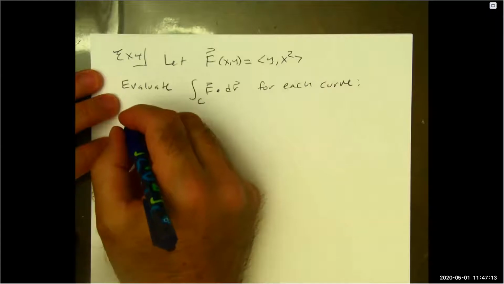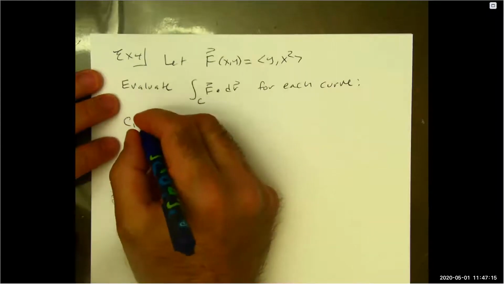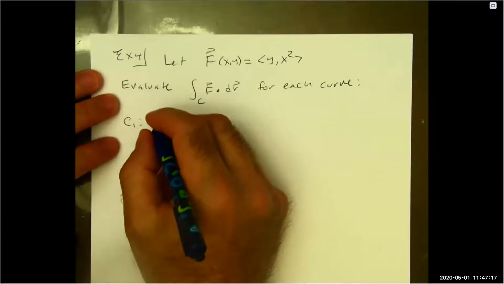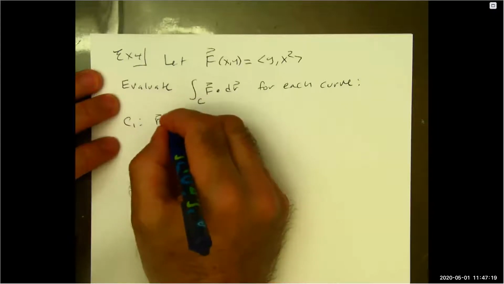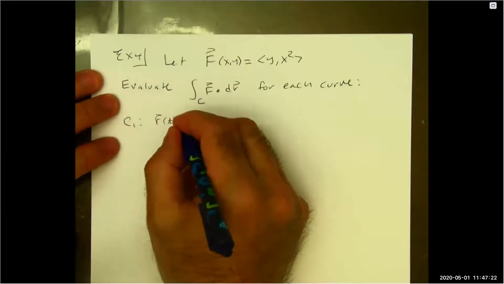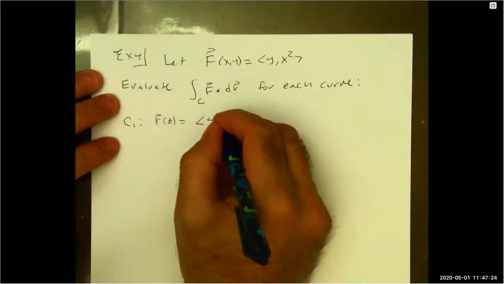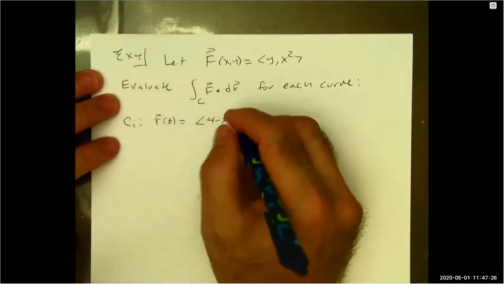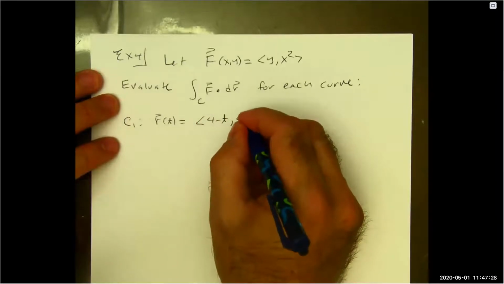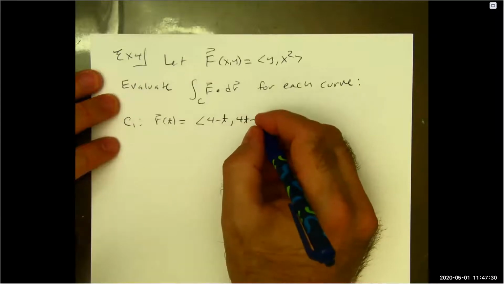And so the first one is going to be C1. For C1, r of t is going to be equal to 4 minus t, and then we have 4t minus t squared.